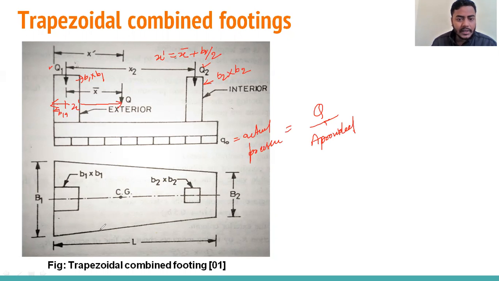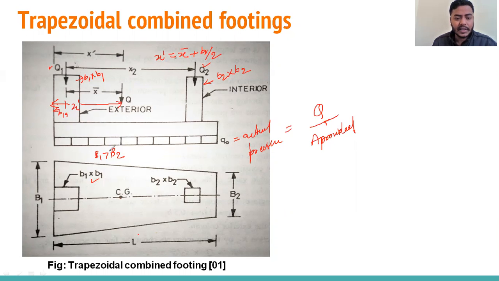Now you can see this is the trapezoidal footing with two parallel sides, B1 and B2. In this case, B1 is larger than B2. The cross section of the column is mentioned in the figure. Length of this trapezoidal combined footing is L. And this is the CG of the footing, the center of gravity of this combined footing.